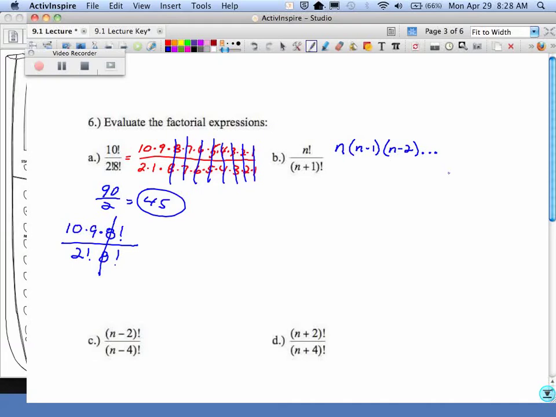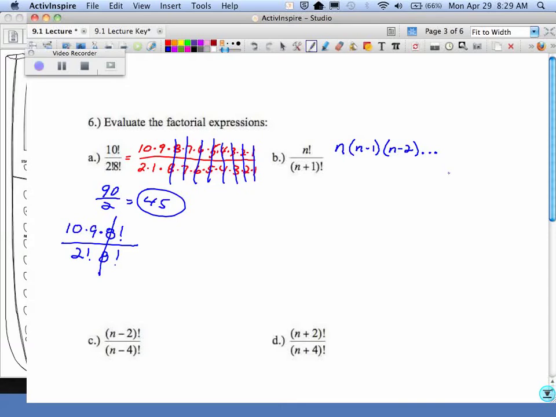Where do you stop when you write out factorials? You get down to some point where, even if you're at 100, eventually you get down to that part where it goes 3 times 2 times 1, right? Make sense? You don't keep going with more integers. Once you reach 1, you're done. Stop writing out and now multiply it, right?